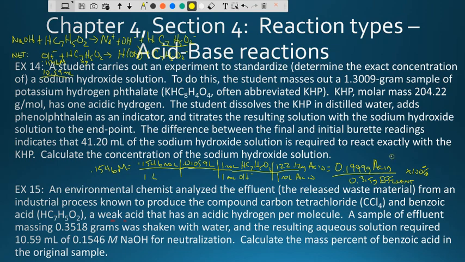So that gives me a mass percent of 56.82%. Okay, what does that tell me? That effluent, that stuff that is being released as waste material, almost 57% of it is benzoic acid.